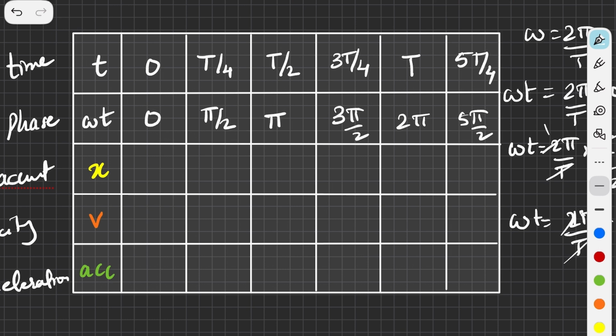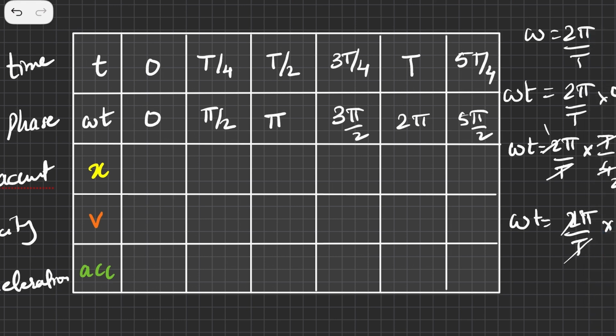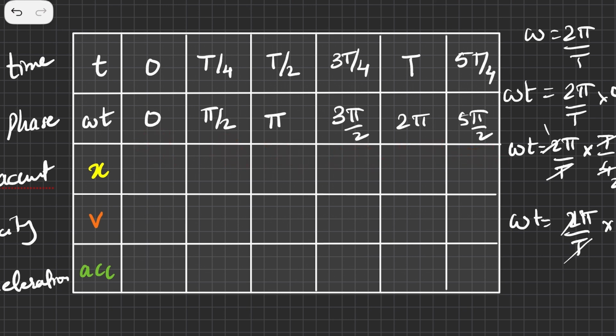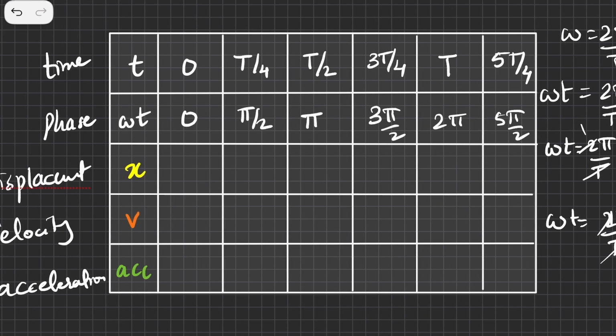Now here again you can just write it like this: 0 pi by 2, 1 pi by 2, 2 pi by 2, and 2 and 2 get cut, you get pi, 3 pi by 2, then you have 4 pi by 2, and then you have 5 pi by 2. So you can just work around and get that value.